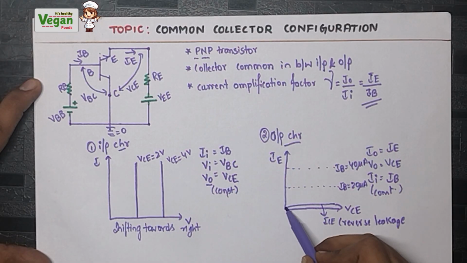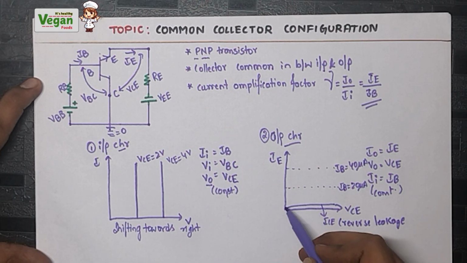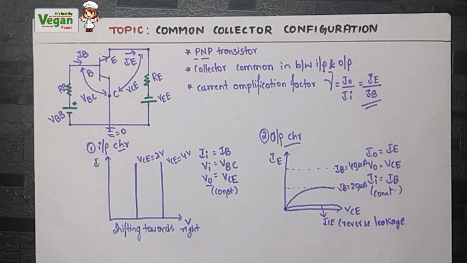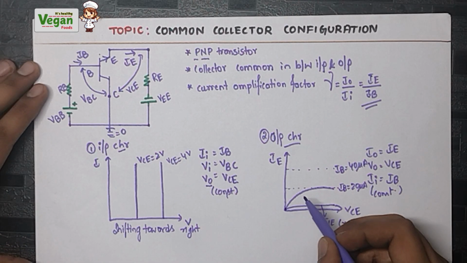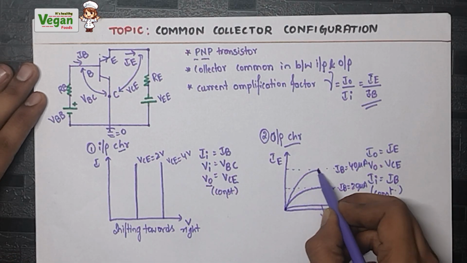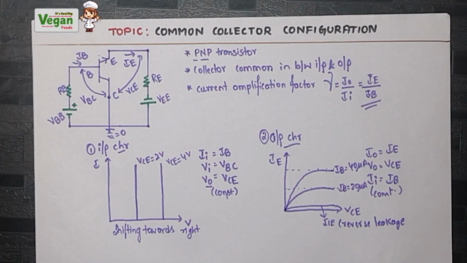It will start from 0. When the voltage value increases, it will match the expected constant value, that is, as the VCE value increases, the current produced will equal the constant value. Next, in the 40 microampere case also, it will match the 40 microampere current. It will be of the same constant level.